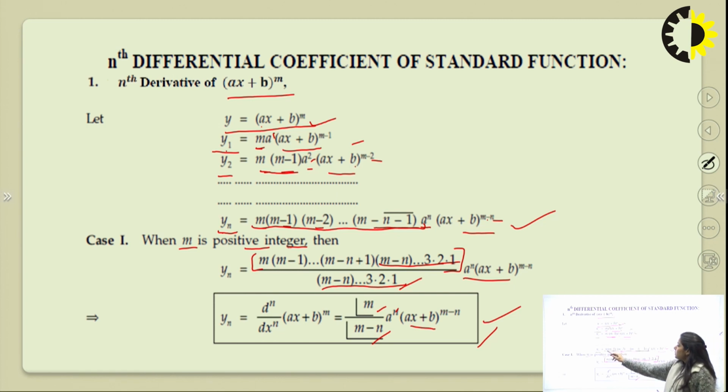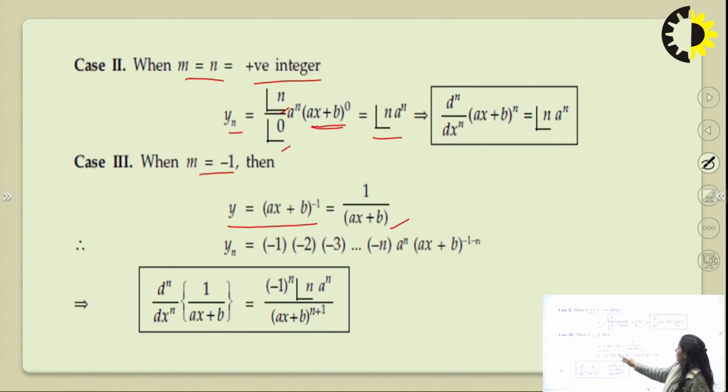So here it will be minus 1, minus 2, minus 3, up to minus n, into a power n, (ax plus b) power minus 1 minus n. So this is equal to minus 1 power n into factorial n, and a power n upon (ax plus b) power n plus 1.